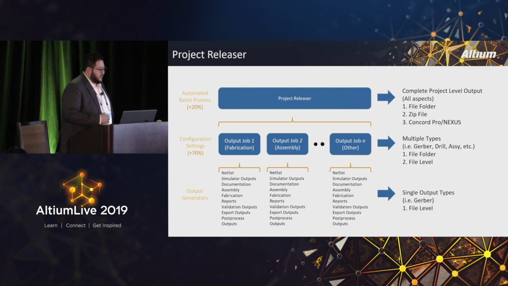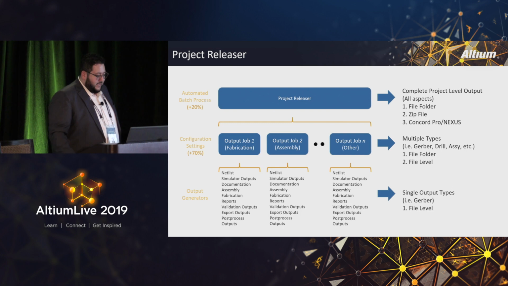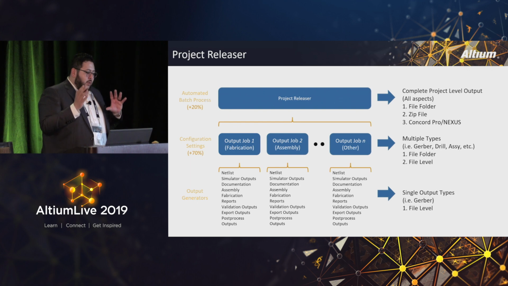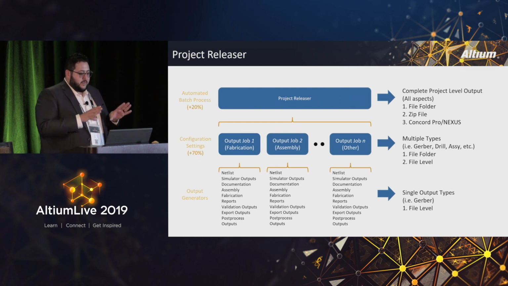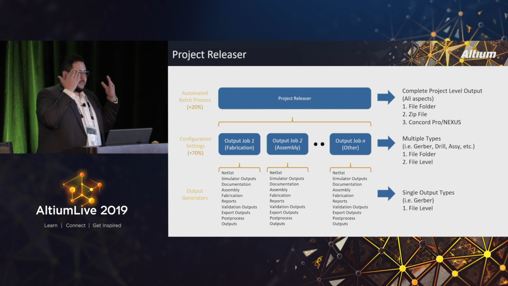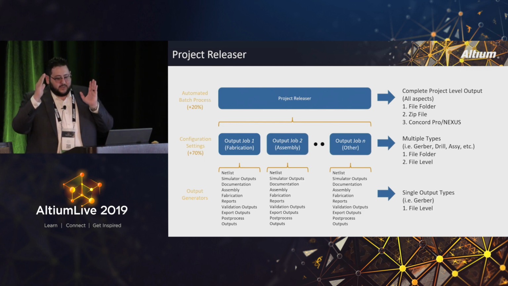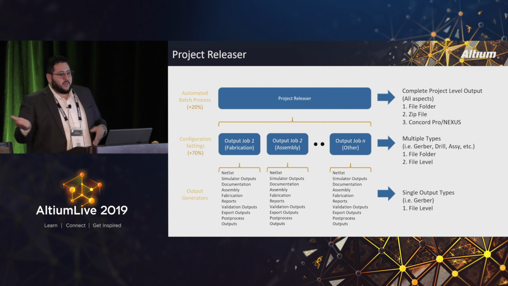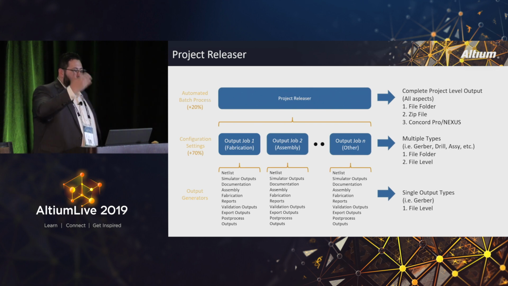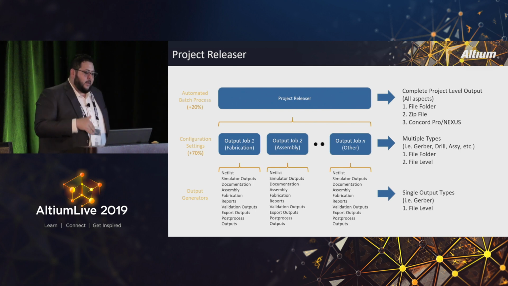So then the last thing was the project releaser, and this goes to that project mismatch again. Creating a template for your output jobs gives you that consistency. Packaging it for the project releaser, again, gives you something that is going to be consistent. It gives you that level of standardization that you're doing it continuously, and then you could release it to Concord Pro, and it is controlled within that system, and you can have the different releases to compare them against each other, and actually navigate between them.